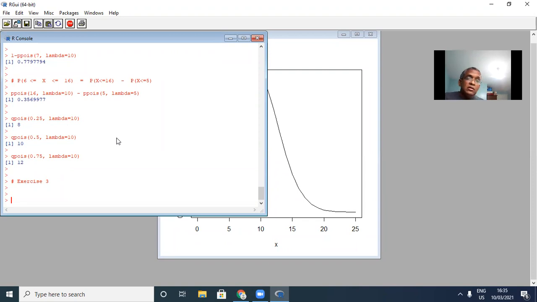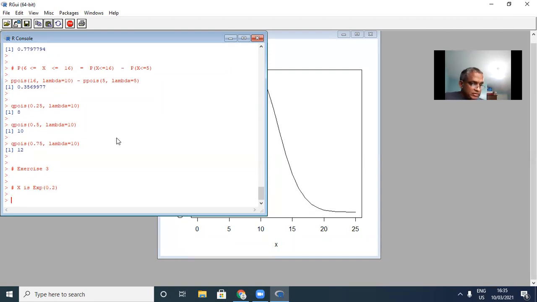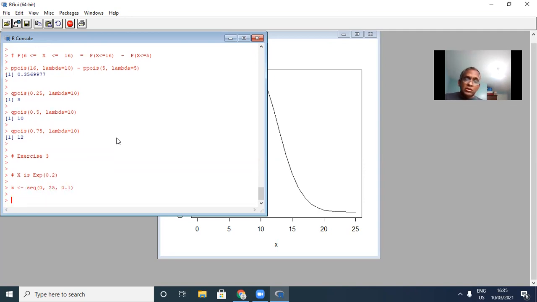In this question, X is an exponential variable with parameter 0.2. The first part is asking you to draw a PDF over the range from 0 to 25. So let me define the range from 0 to 25 in steps of 0.1.